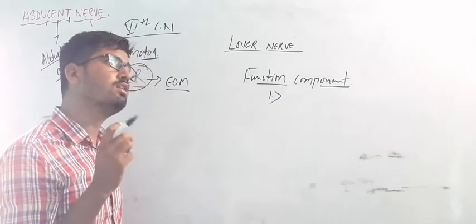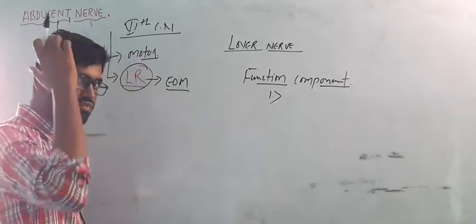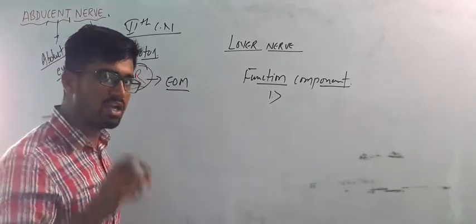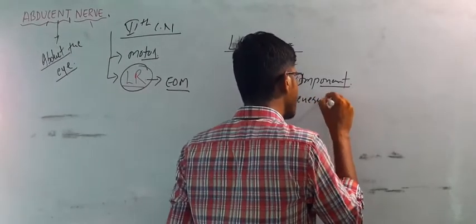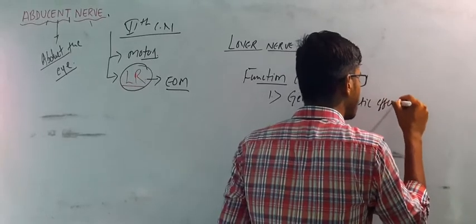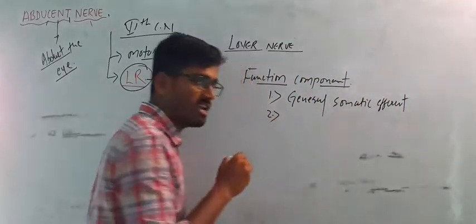So it is general somatic, and going from the brain to the eye, it is efferent. So general somatic efferent, right?